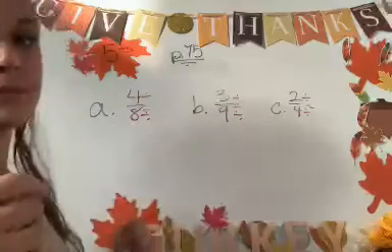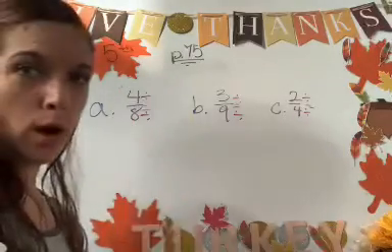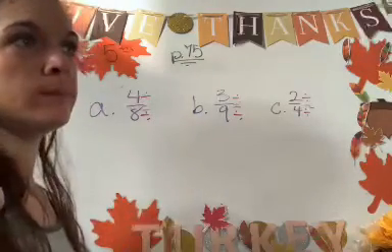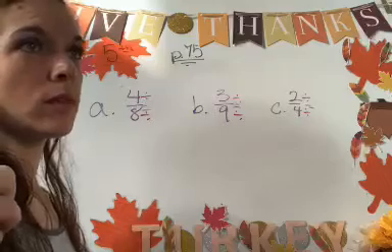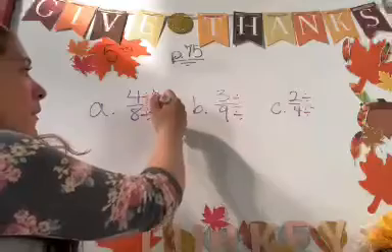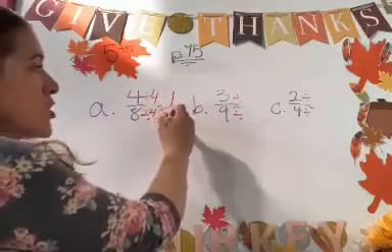What's 8? 1 and 8, 2 and 4, right? So what is the greatest common factor between those two? 4. So we do 4 divided by 4 and 8 divided by 4. 4 divided by 4 is 1, and 8 divided by 4 is 2.